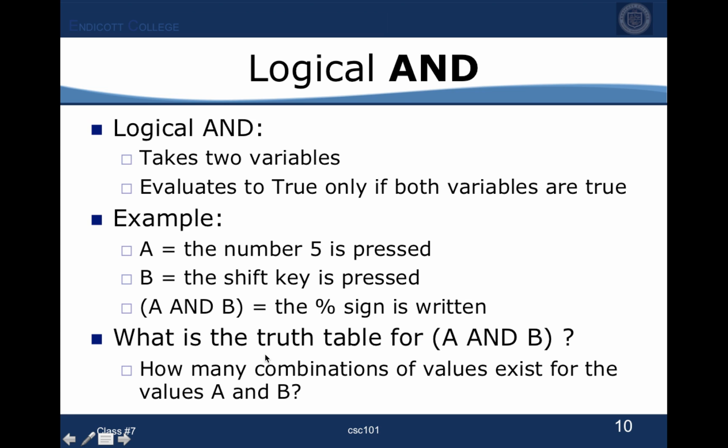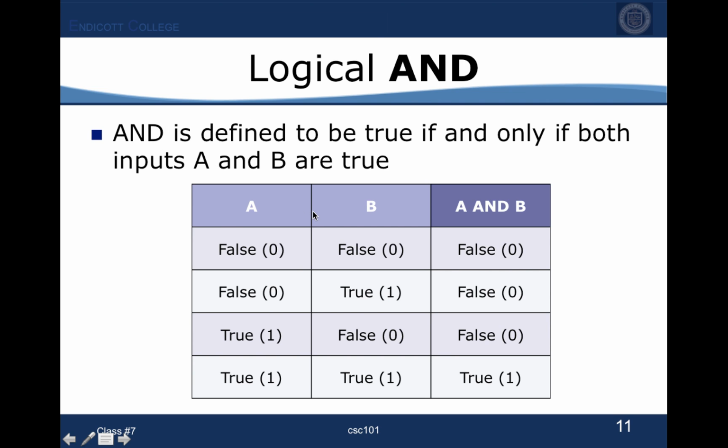So what does the truth table look like for A and B? Let me list my propositions, A and B, and then list all the combinations of true and false. Now I'm up to 4 rows. A and B could each be true or false, so there are 4 different combinations for two propositions.